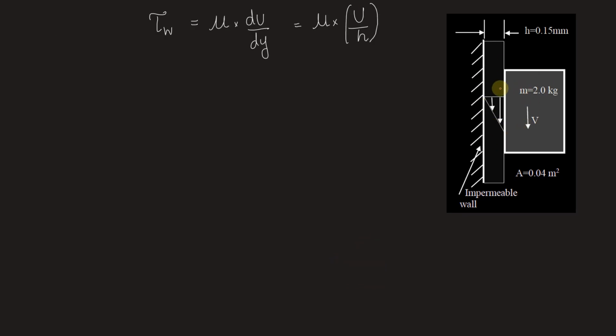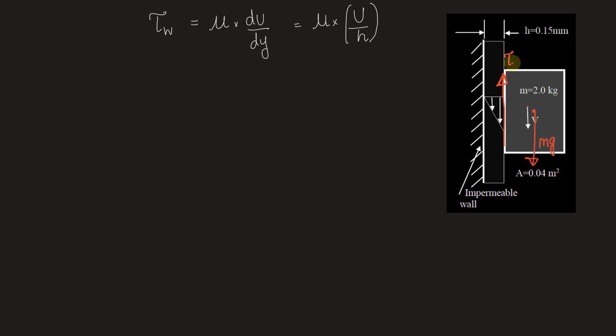Now, in this system, at this particular instant, the forces that are acting here are the weight of the block that acts downwards given by mg, and the contact force at the face of the block which is in contact with the oil film, which will be given by the shear stress into the area.